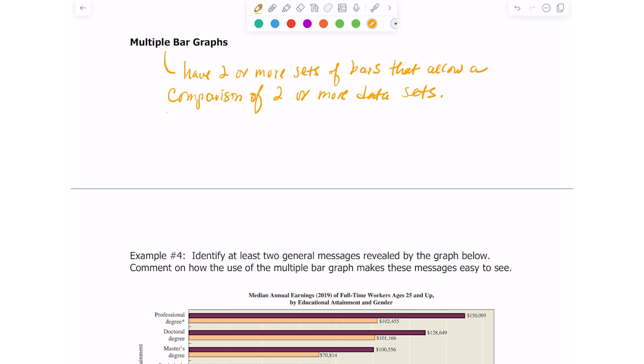And we use this, of course, when the data is qualitative or categorical, right?